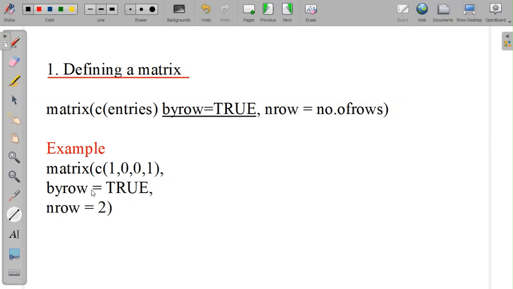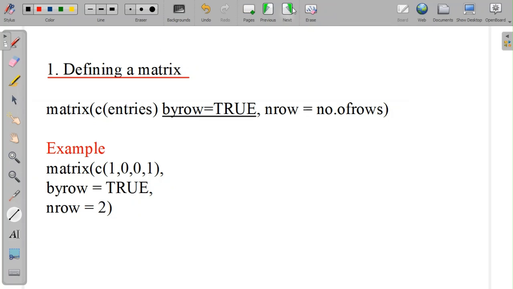So to be very clear about that, we give the command byrow equal to TRUE and we also specify the number of rows. For example, a 2 by 2 identity matrix can be defined as matrix of c(1,0,0,1). We give the command byrow equal to TRUE, and then we also specify the number of rows as 2.